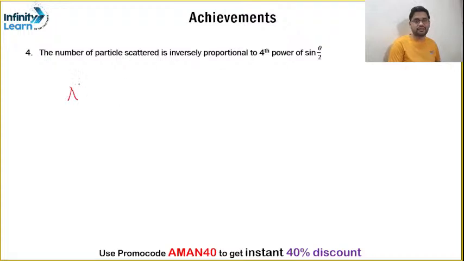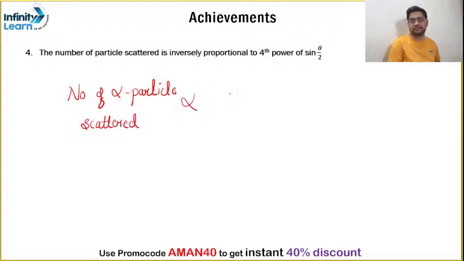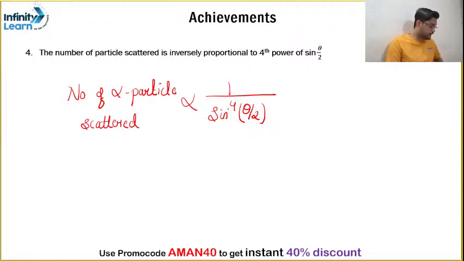So the number of alpha particles scattered is inversely proportional to sine raised to 4 theta by 2.